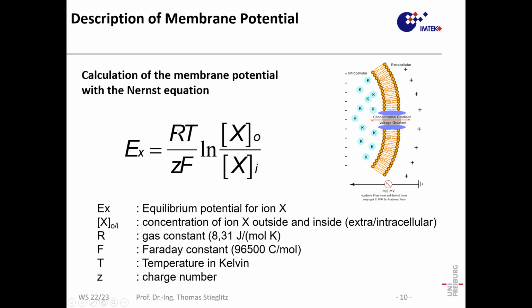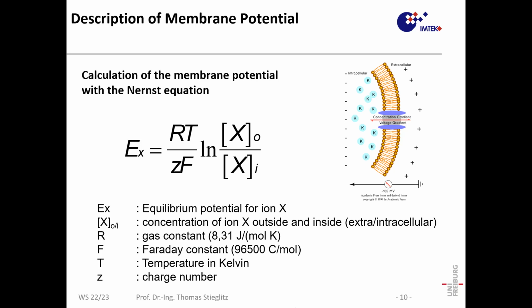The good thing is gas constant and Faraday constant, as the names already say, are constant. We are mammals, that means our body core temperature is about 37 degrees, plus 273 Kelvin is then, up to you, 300 something Kelvin that we have. And a charge number means how many free charges do I have.